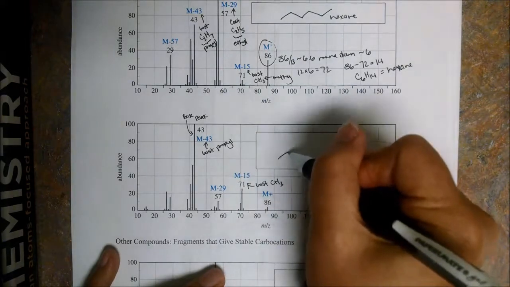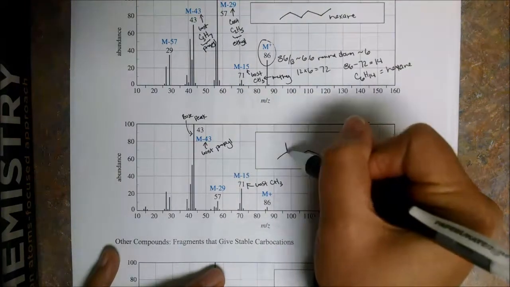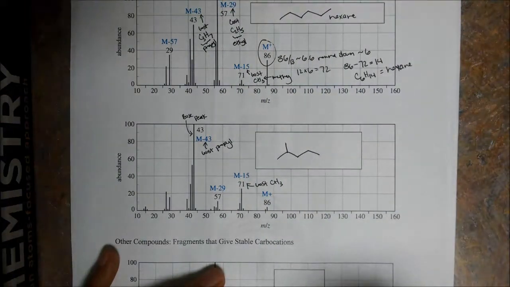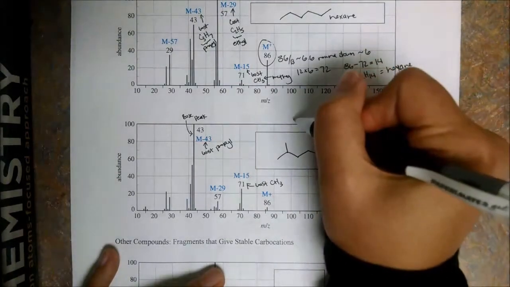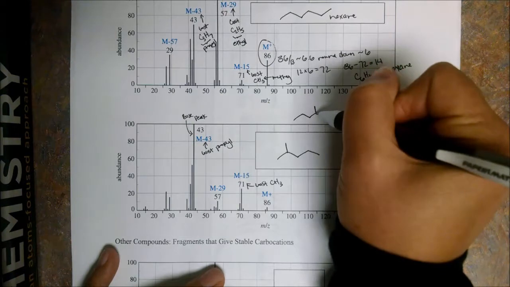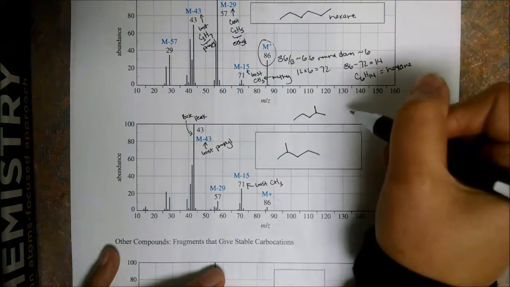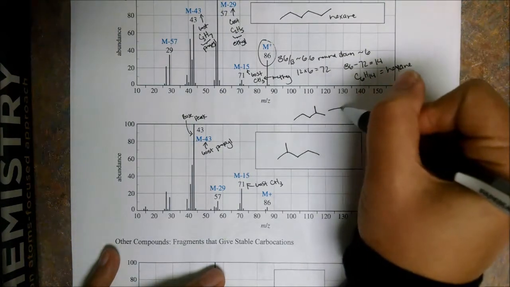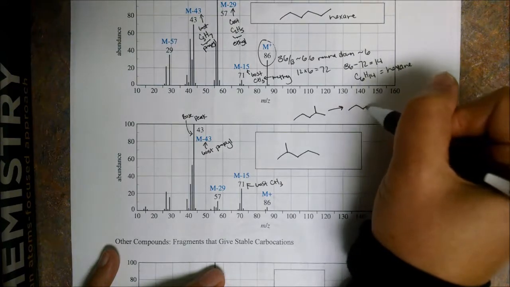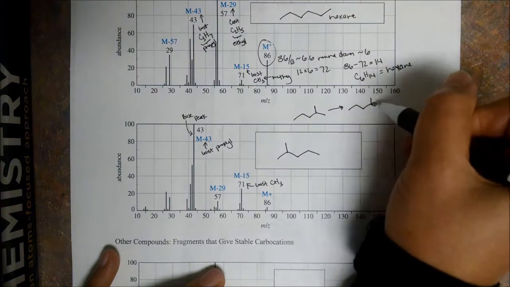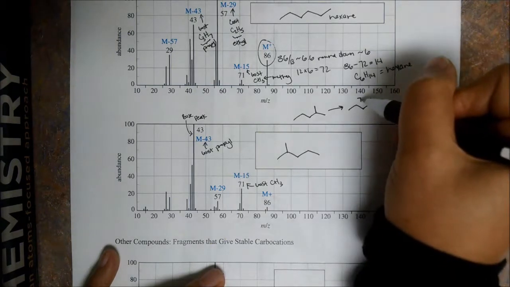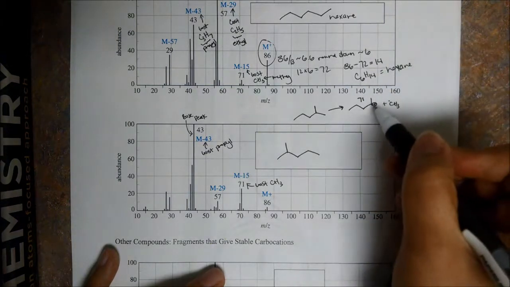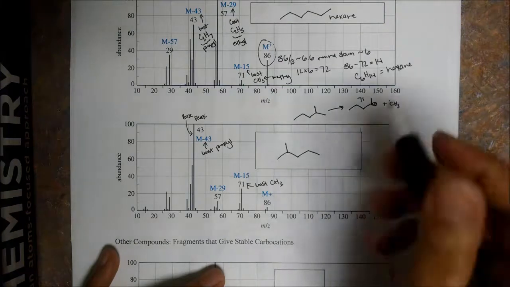Well, what if we had something like this? It's possible that we have this structure, because when we think about the different ions that it could fragment into, we could lose a methyl group easily, for sure. This has a mass of 71. This gives a nice secondary carbocation.